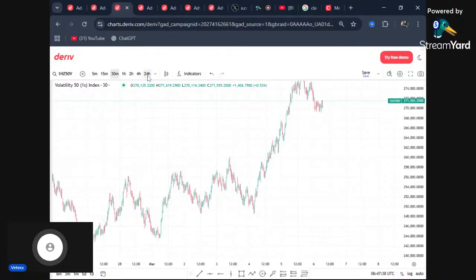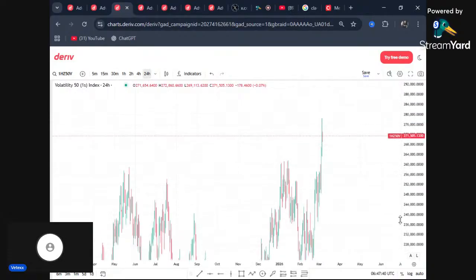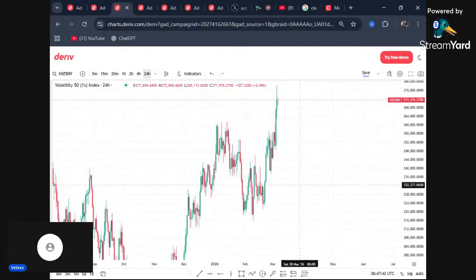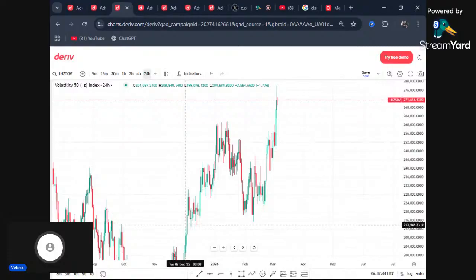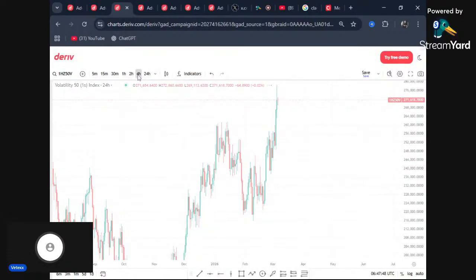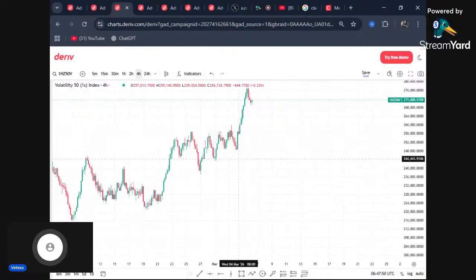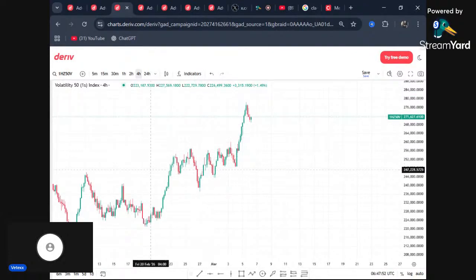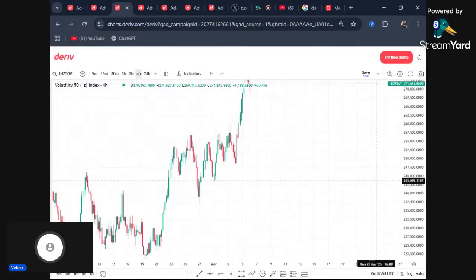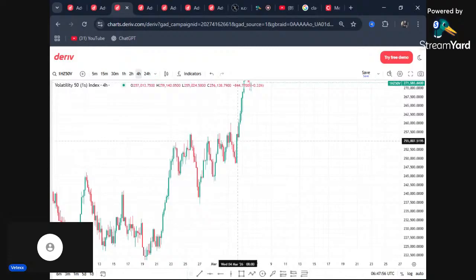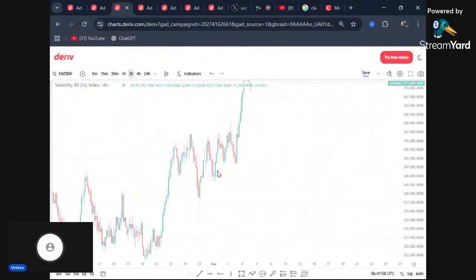On V51S on the 24-hour time frame, what do we have? Price just matched TP on the daily time frame structure here. So we'll go to the 4-hour time frame and check if there's anything there. Without seeing anything on the 4-hour time frame, let's go to the 2-hour time frame.